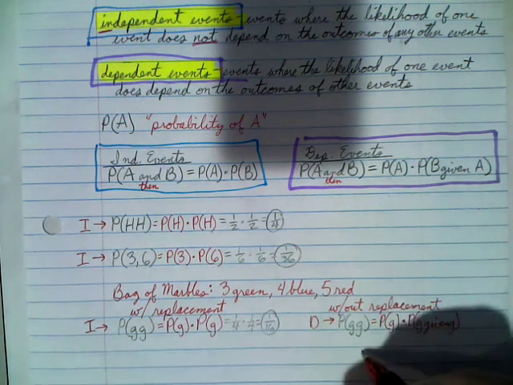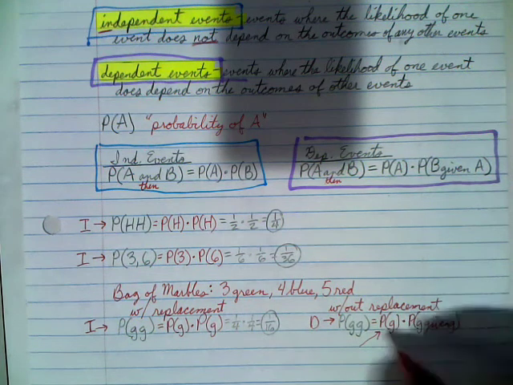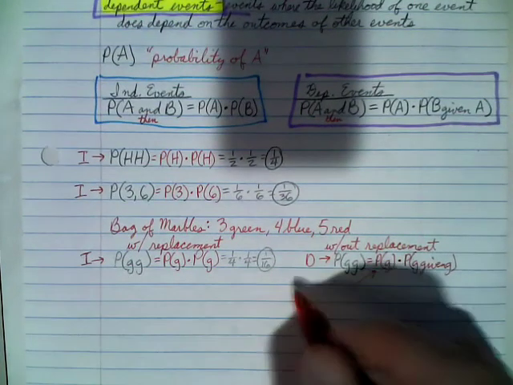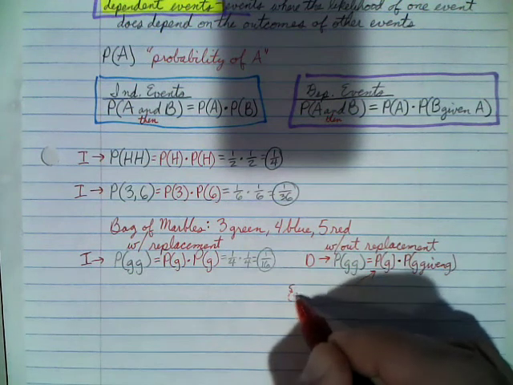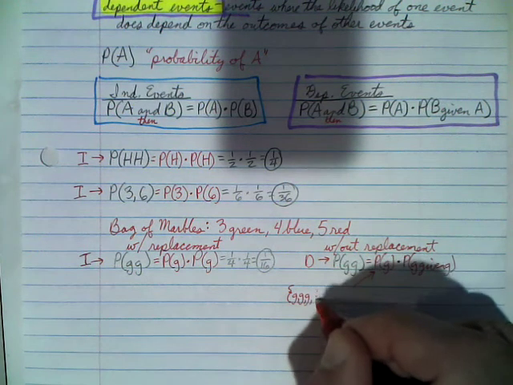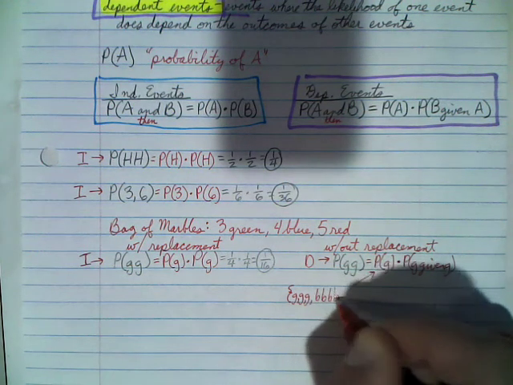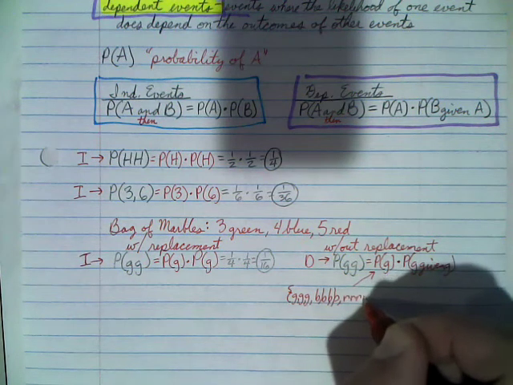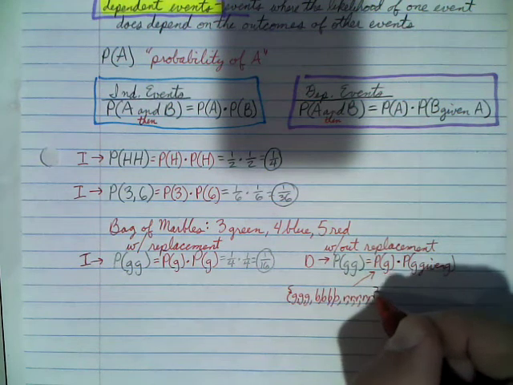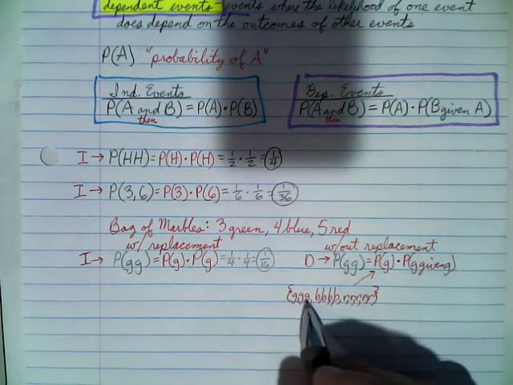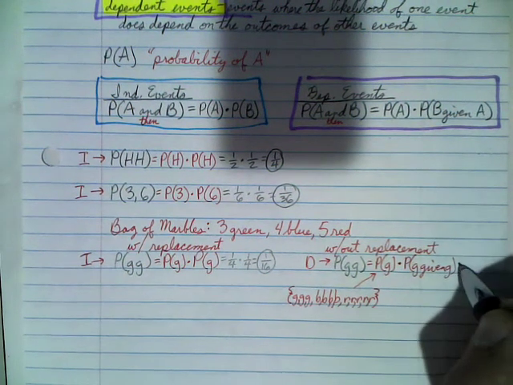So for this, we may want to think through the sample space. So for this first probability of pulling a green, we have 3 greens, 4 blues, and 5 reds. So the probability of pulling that first green, there are 3 out of the 12 total.